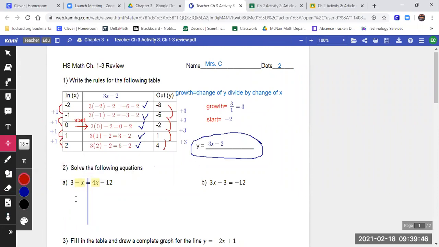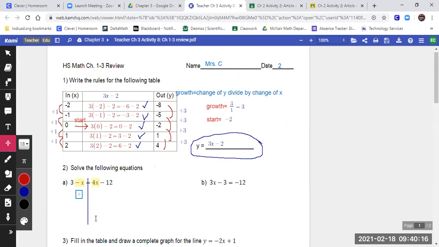How are we going to big zero a negative 1x? Add an x. Add 1x to both sides.